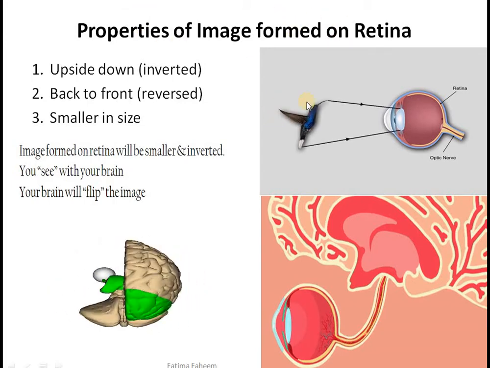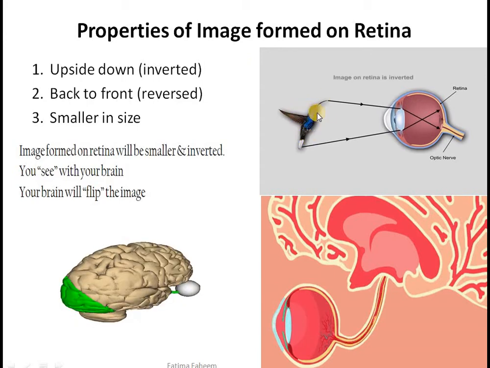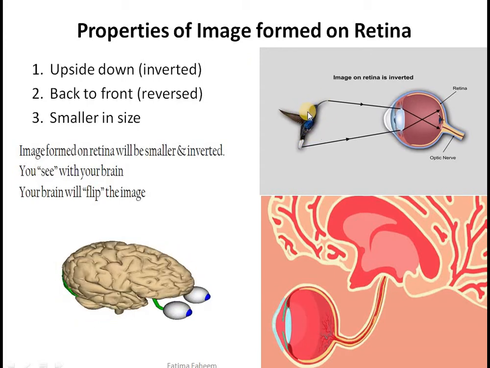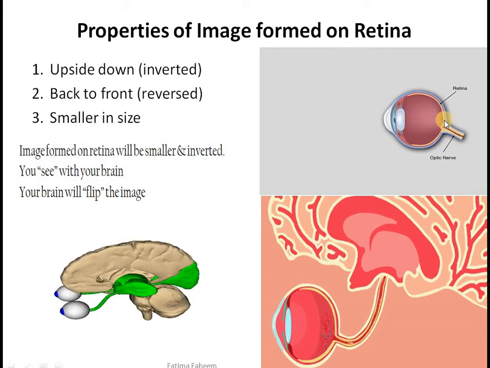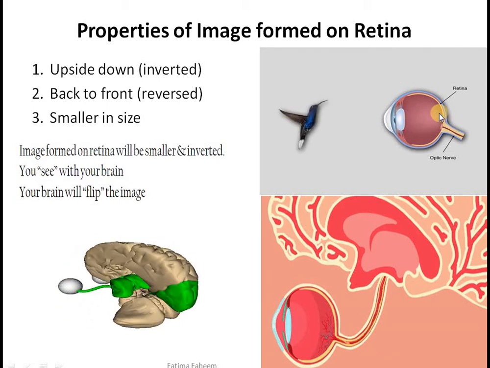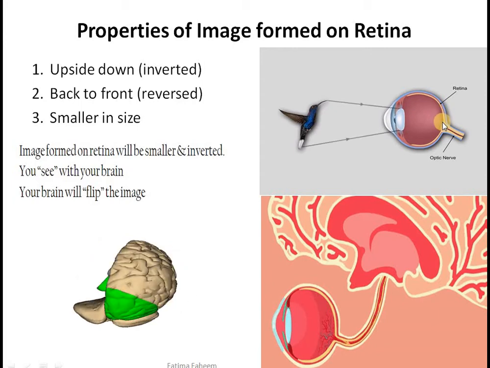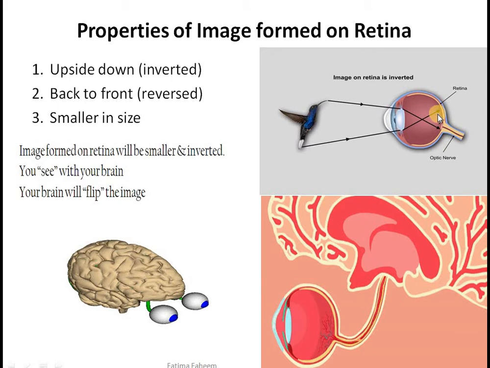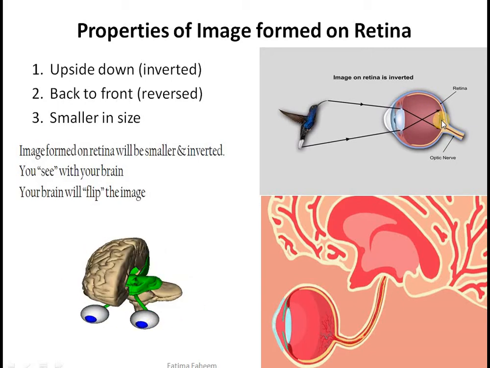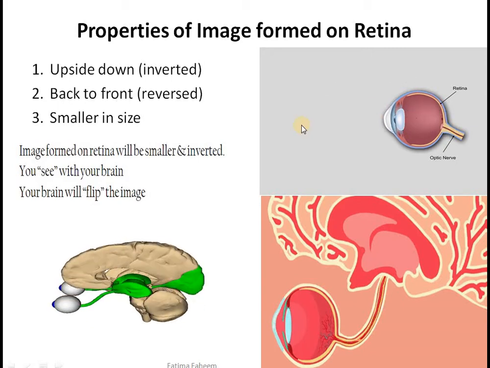Whenever you are looking at any object, let's say it's a bird here, the image of this object formed on your retina is inverted. Inverted means upside down. It is back to front, or you can say it is reversed, and it is smaller in size compared to the real size.